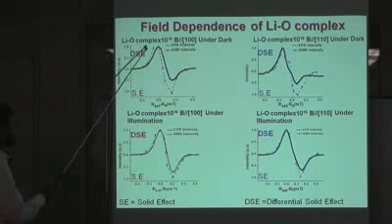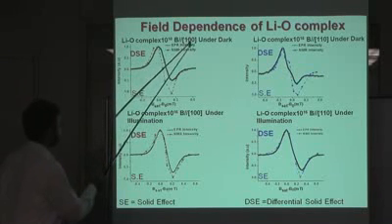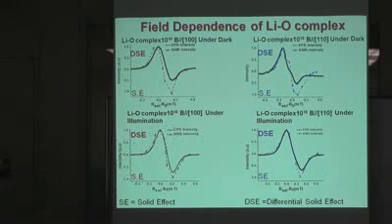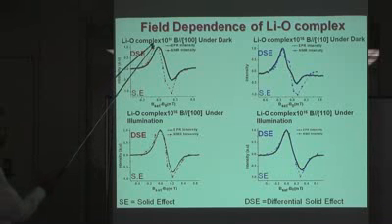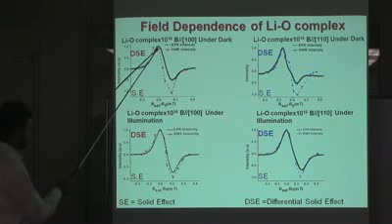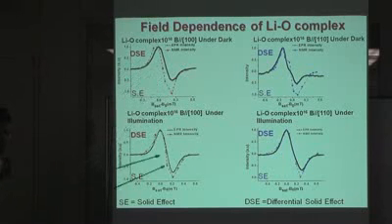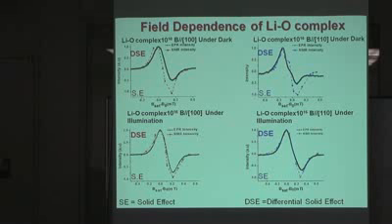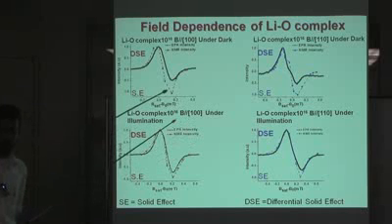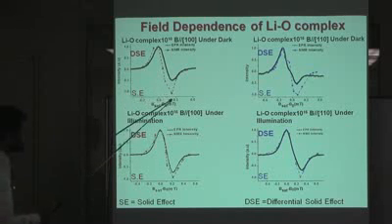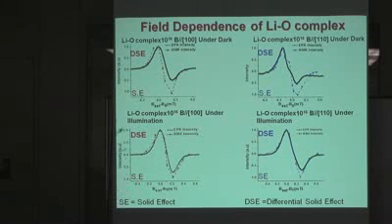In the case of the lithium oxygen complex, magnetic field parallel to the 100 plane under dark condition, you can see the maximum intensity observed at the peak point of the EPR line. This shows that the flip-flip and flip-flop transition occurs exactly at the peak point, so this gives the information about the differential solid effect.